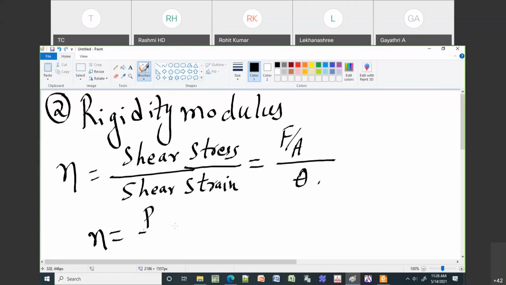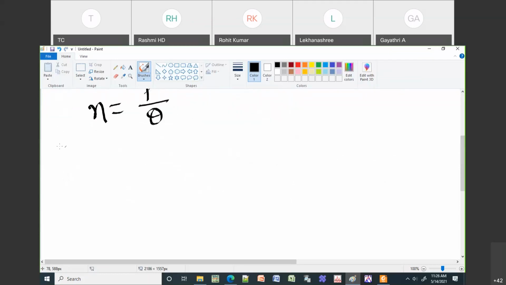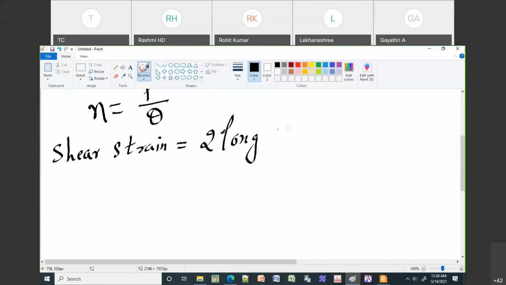But you need to remember a few things. The shear strain is related to the longitudinal strain, it is 2 times the longitudinal strain. Remember this, but now you don't have to derive this equation.